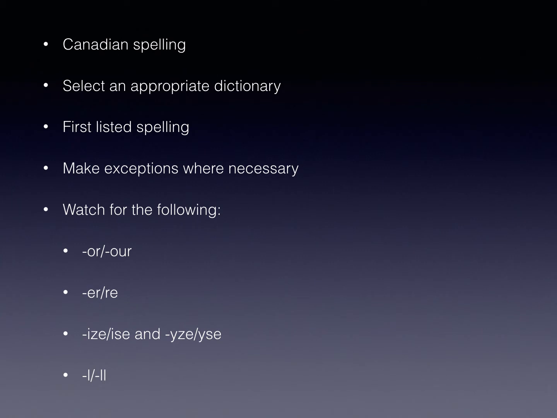There might be reasons that you will diverge from that particular resource, and that's okay as long as you've got a good reason for doing it. But you need that default resource so that you can maintain consistency throughout the document, and in some cases through an organization or a company's messaging in general.